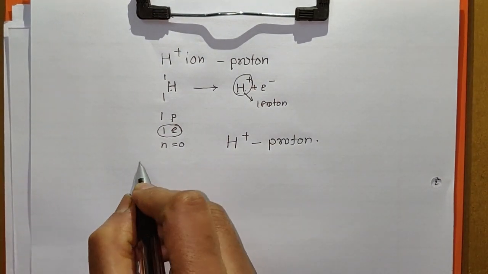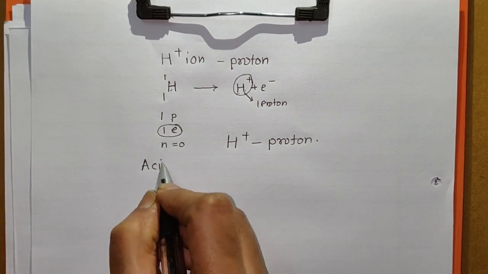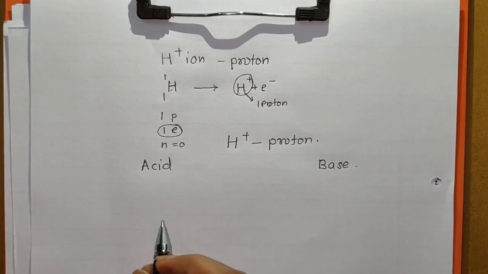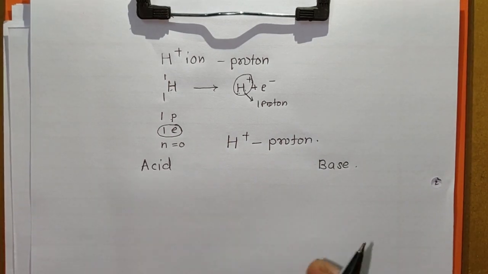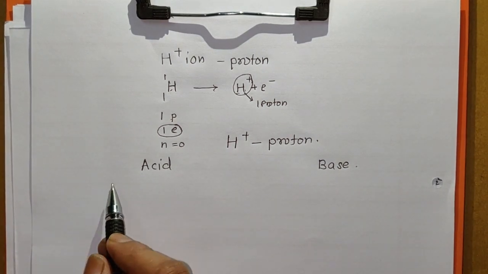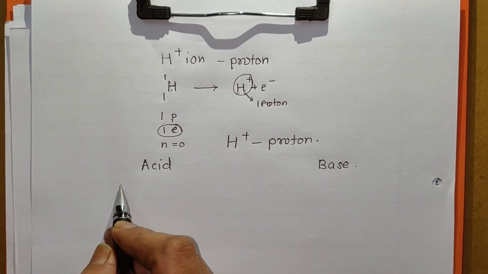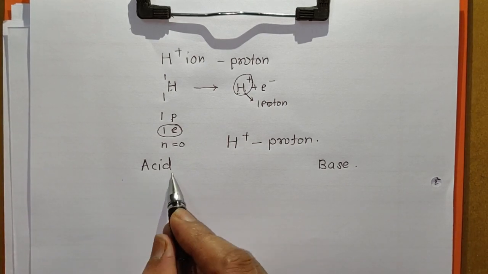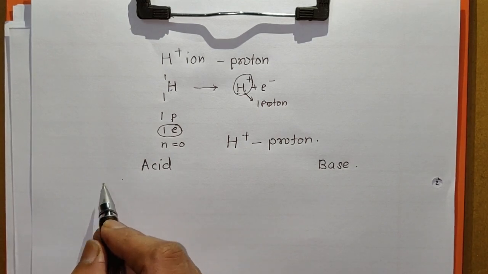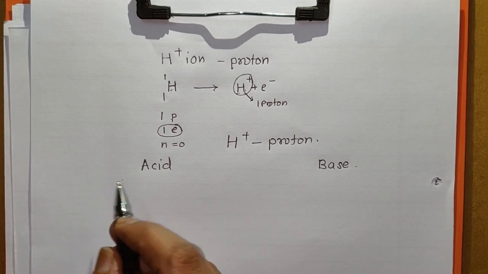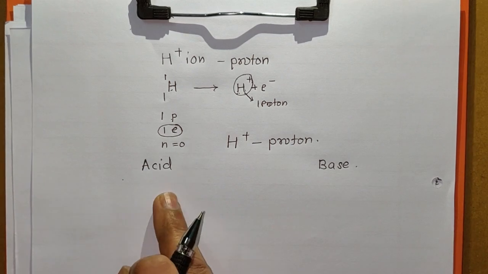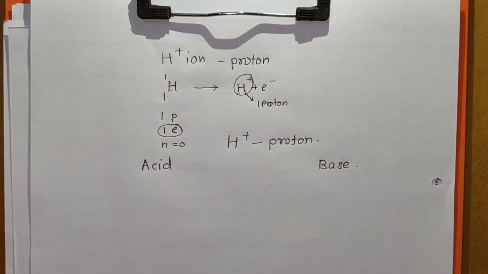Now we shall consider what is an acid according to this theory and what is a base. This theory is very simple as compared to the Arrhenius theory of acids and bases. Here we can say that the substance which can donate a proton, that is H plus ion, to another substance is called an acid.